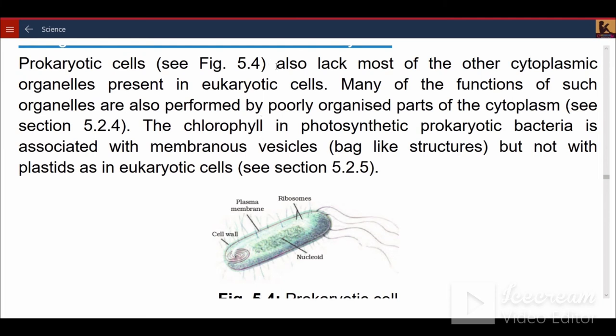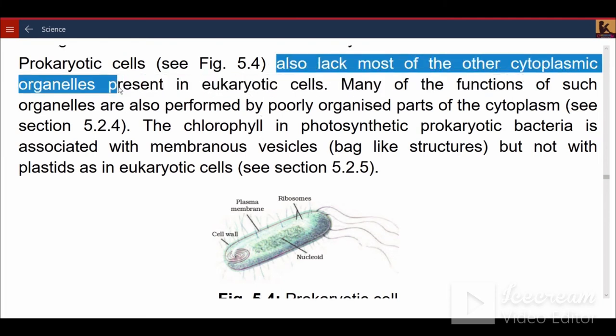Prokaryotic cells also lack most of the other cytoplasmic organelles. So not only is it devoid of a nuclear membrane, but it also lacks most other cytoplasmic organelles. Many functions of such organelles are also performed by poorly organized parts of the cytoplasm.